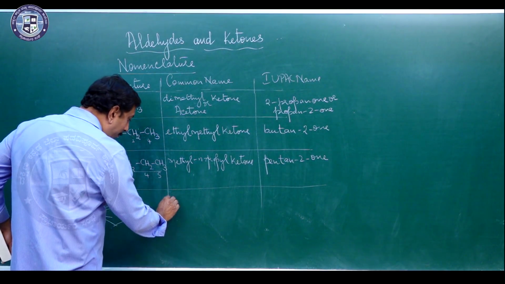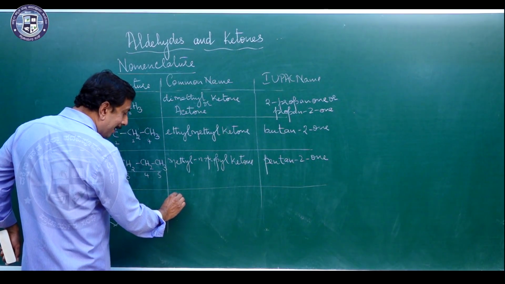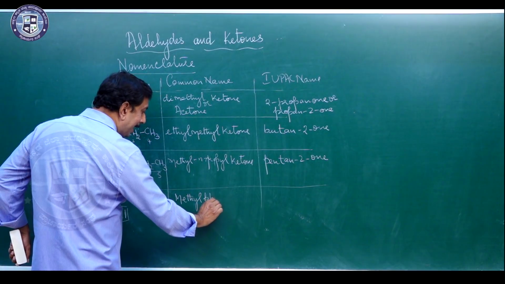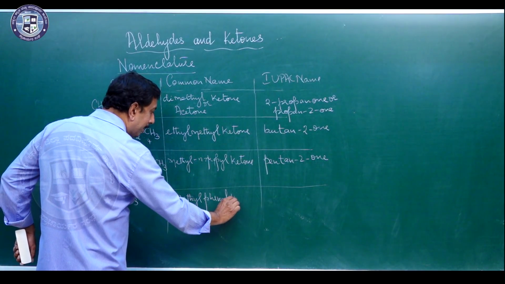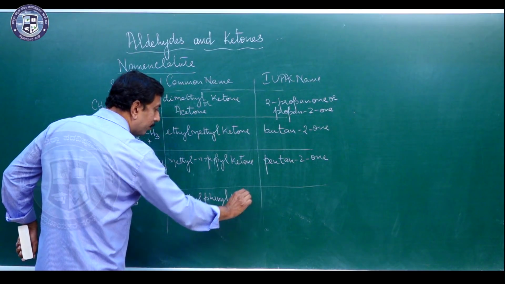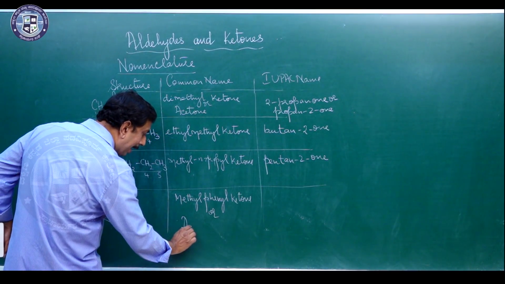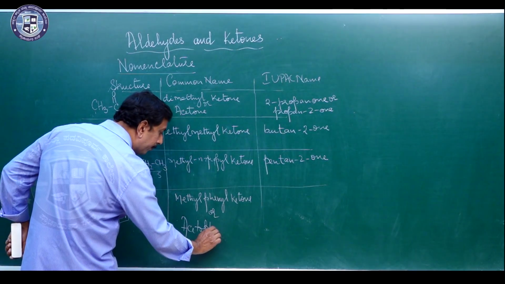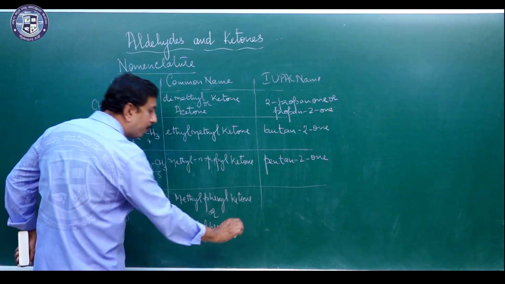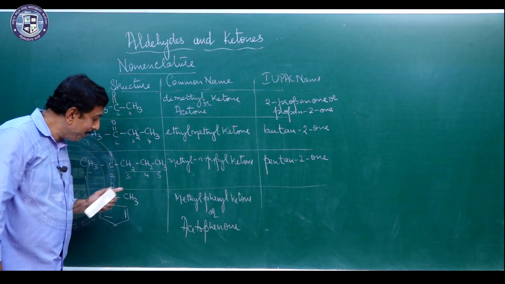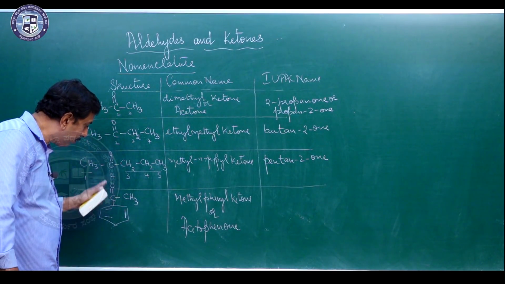What is the name of this compound? This compound we call methyl phenyl ketone, or it is also called acetophenone. Just like acetone is CH3COCH3, in the same way acetophenone is C6H5COCH3.